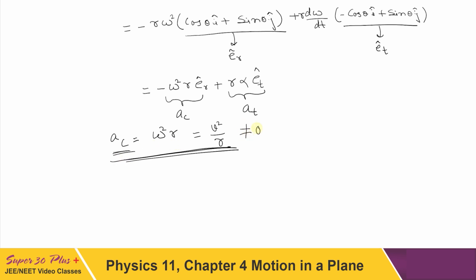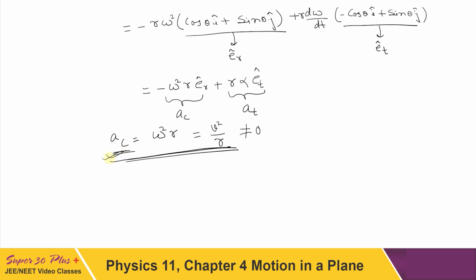If it is a curvilinear motion, what does it mean? What is the function of this centripetal acceleration? See, acceleration has two roles. Either it can change the magnitude of velocity or it can change its direction. So acceleration is responsible for change in velocity, either its magnitude or direction or both.